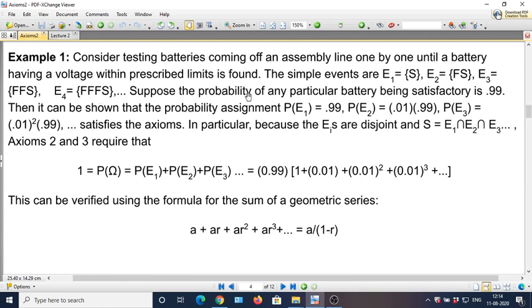Suppose the probability that a particular battery is satisfactory, that is, its voltage level is within the prescribed limit, or the probability of success, is 0.99.